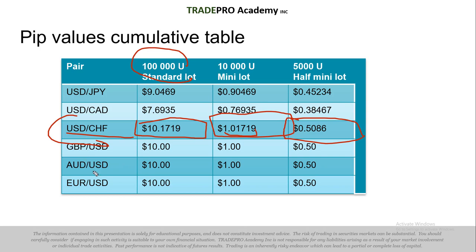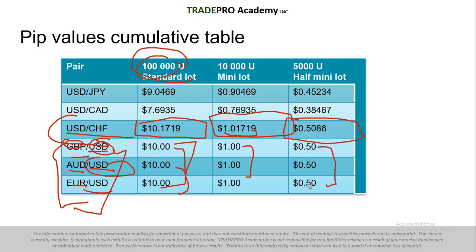So if you guys notice right here, these majors that have a different base currency other than the USD, one pip movement would result in a $10 movement in either direction with a standard lot and a $1 and a 50-cent move for half a mini lot right here, because these are based in the US dollars, while these currencies, these three up above, are based in the foreign currencies.